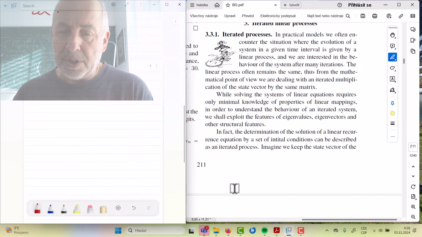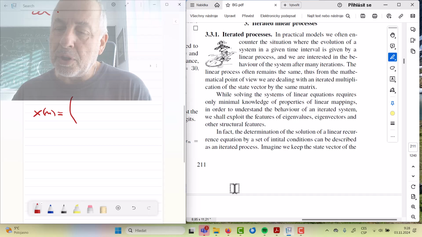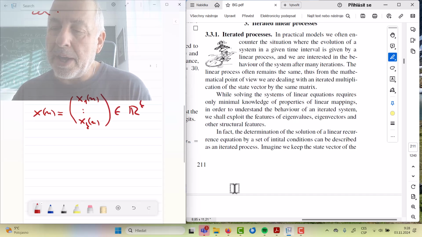So we deal with configuration space, and a vector there will be something like, at the nth position or n time, x1n up to xkn, so a vector in R^k.